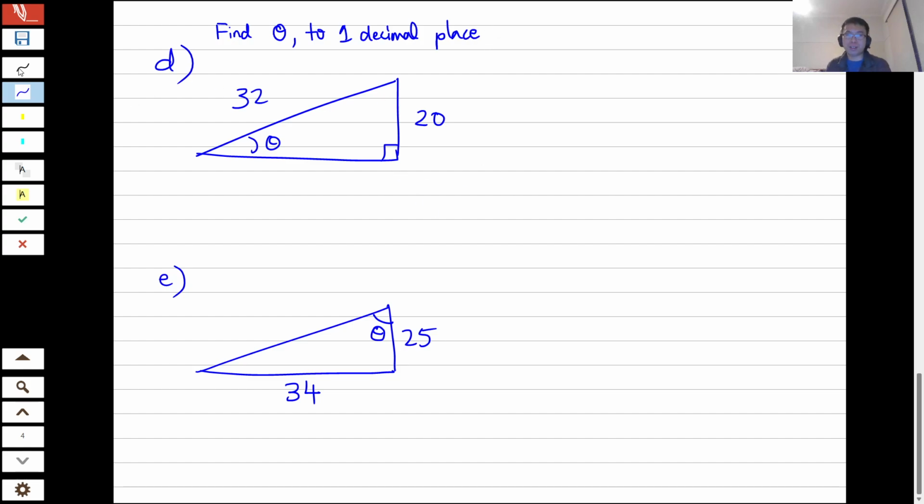Our first step, naturally, is to label the sides of the triangle. So here we've got the opposite and the hypotenuse. So sine theta equals 20 divided by 32. And I know this is a fraction, not a decimal, but they're both numbers. So I can do the same thing. Theta is the inverse sine of whatever number it was.